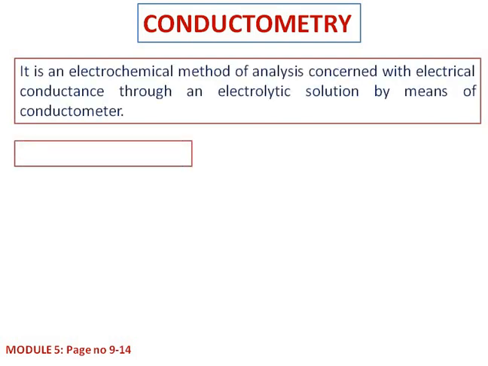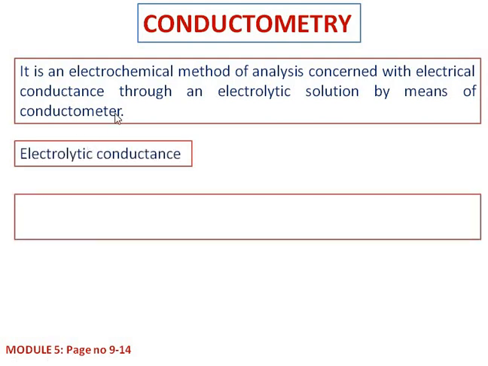This is a method of analysis concerned with electrical conductance through an electrolytic solution by means of a conductometer. So what is electrical conductance? Electrolytic conductance is a measure of the ability of a solution to carry electric current.